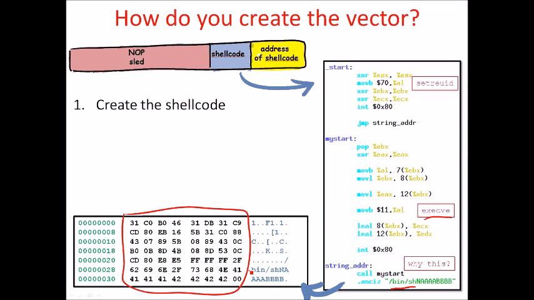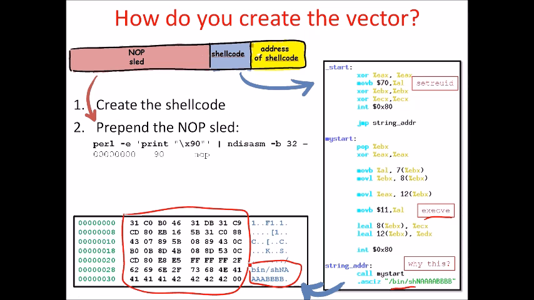You can kind of see that it is equivalent. Here's the /bin/sh followed by some characters. It's still in there. So that's the actual shellcode. That should be part of our attack vector. Now, the next thing we want to do is prepend the NOP slide. The NOP slide is just a bunch of no operations.